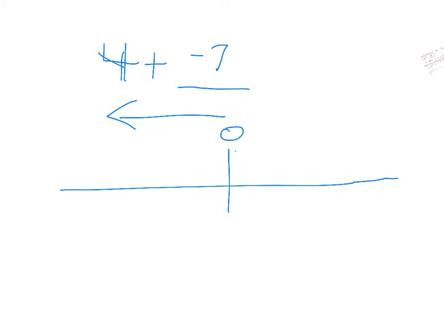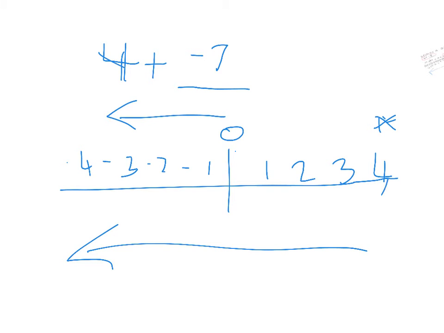Here's my 0. Here's my 1, my 2, my 3, my 4. So this is my starting number, 4, plus -7. -1, -2, -3, -4. So let's go back 7. I'm going to go this way because I'm taking -7. 1, 2, 3, 4, 5, 6.